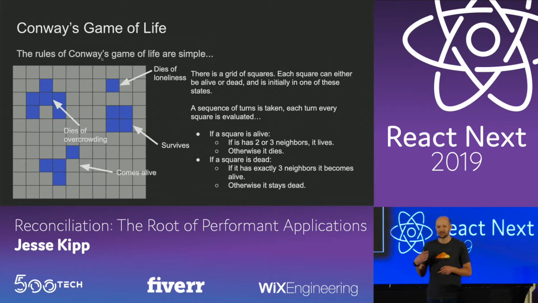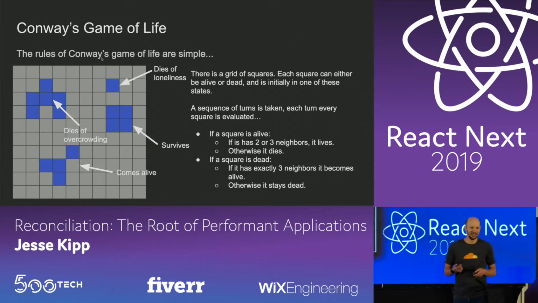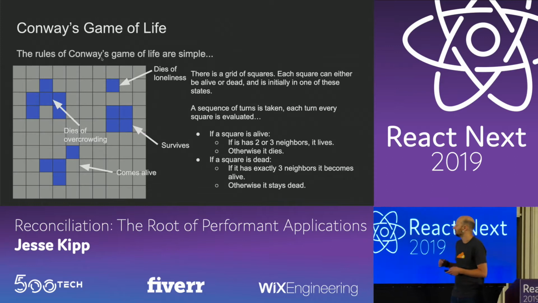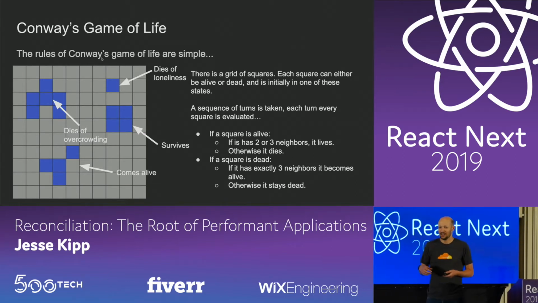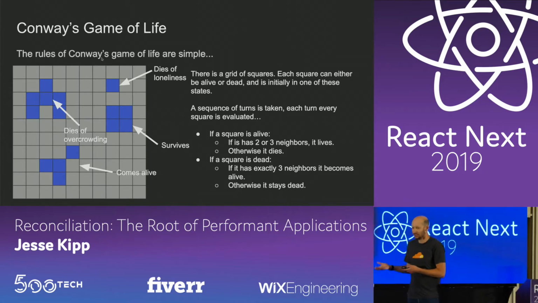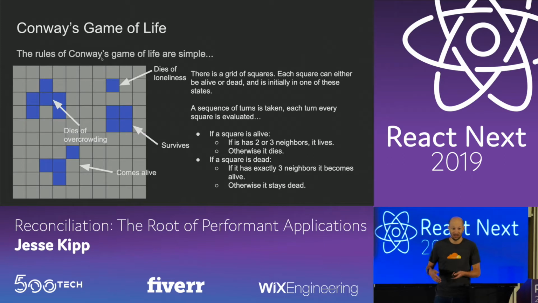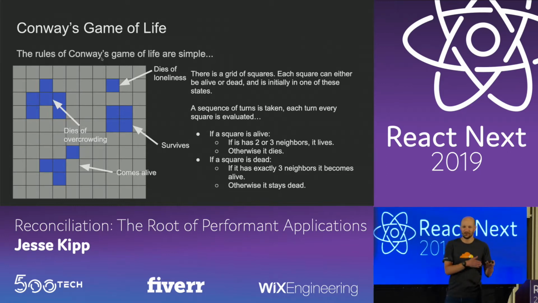And then there's a sequence of turns, and each turn, a cell can either die or come alive depending on the status of its cells around it. So the algorithm is really simple. If a square is alive and it has 2 or 3 neighbors that are also alive, it stays alive. Otherwise, it dies. If a cell is dead and it has exactly 3 neighbors, it becomes alive. Otherwise, it stays dead.